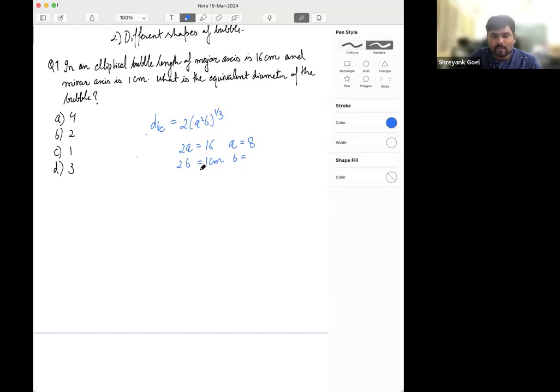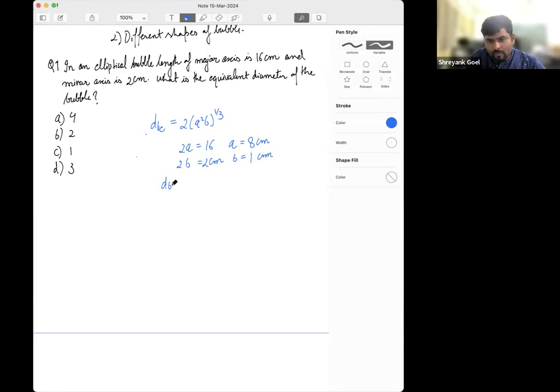So 2a is 16, and I think the minor axis is 2 centimeter. Just to correct it, the question says 2 centimeter. So b is 1 centimeter.